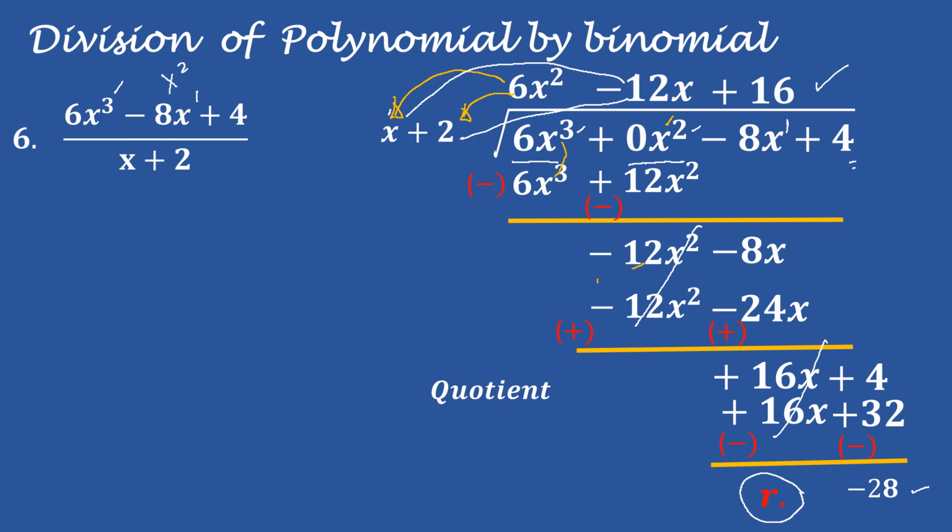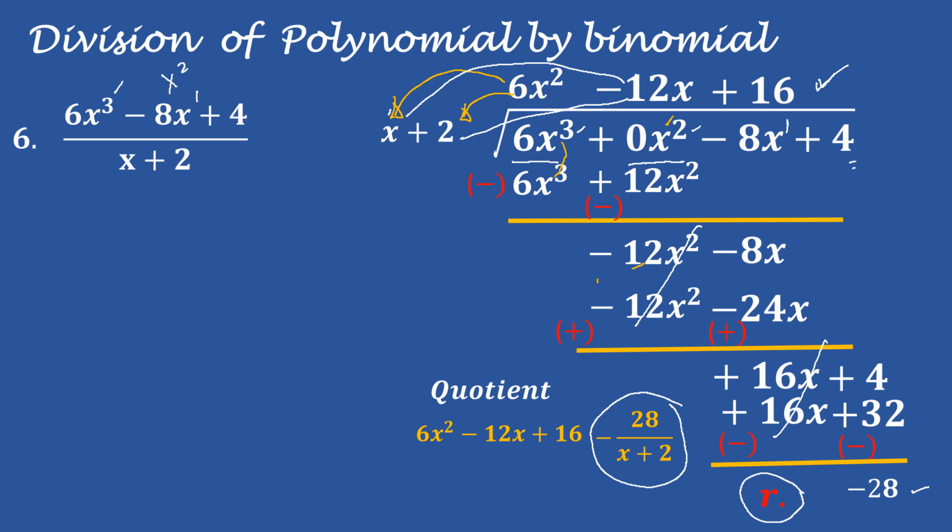So 6x cubed minus 8x plus 4 divided by x plus 2 will give us a quotient of 6x squared minus 12x plus 16. And this is how we write the remainder: negative 28 over x plus 2.